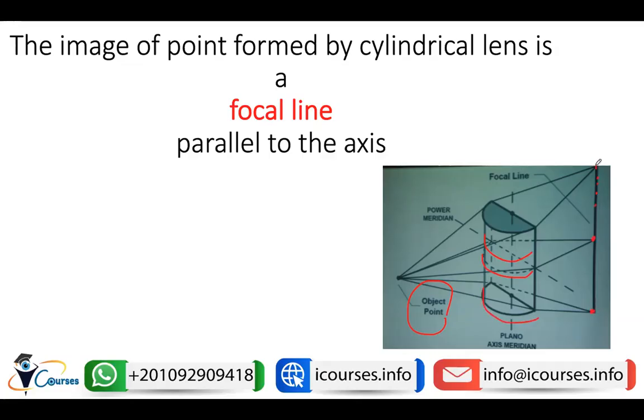If we now join all these points of foci, this will result in a vertical line. This focal line is parallel to the axis of the cylinder. You remember this axis has no power, and the power is on the perpendicular meridian. Again, the image is parallel to this focal line. So the focal line is parallel to the axis.